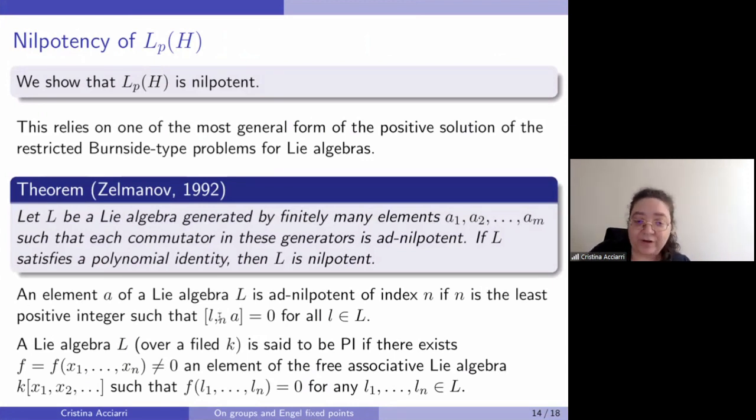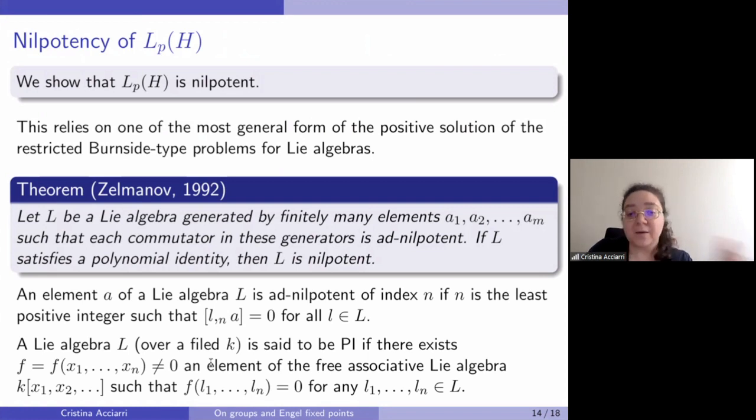A Lie algebra over a field K, which here will be the field F_p, is said to be PI, satisfying a polynomial identity, if there exists a nontrivial element f, depending on some variables x_1, ..., x_n, in the free Lie algebra on the free generators x_1, x_2, etc., such that when I substitute for the variables x_1, ..., x_n elements l_1, ..., l_n, chosen in any way inside my Lie algebra L, what I get is always 0. So this is a polynomial identity for our Lie algebra L, okay?